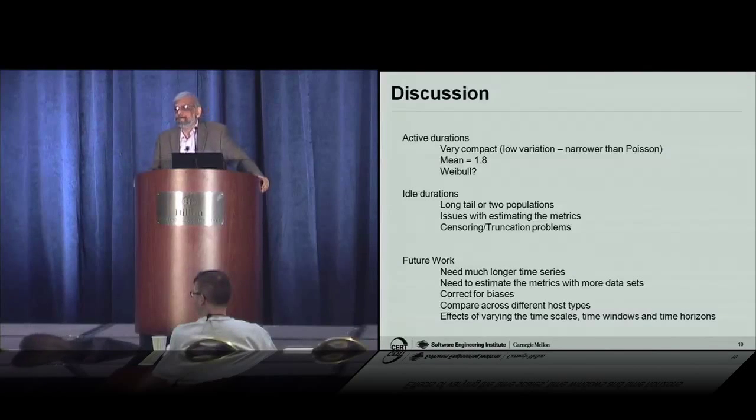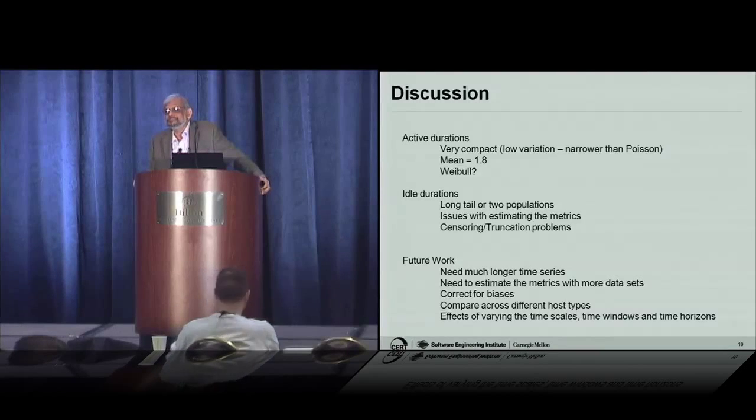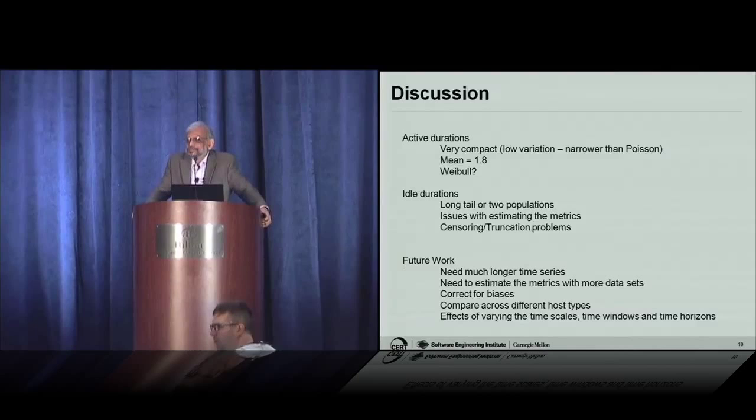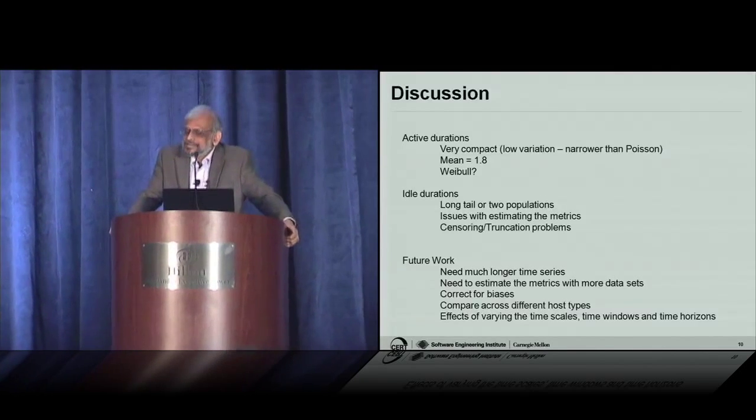Yeah, go ahead. So I wanted to talk for a minute about the relationship between a host that's active and a host that's connected and online. The difference between those two is probably going to depend on how close to the host you're actually collecting the data.